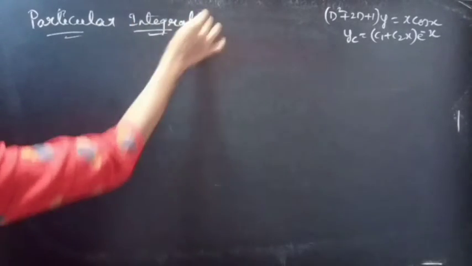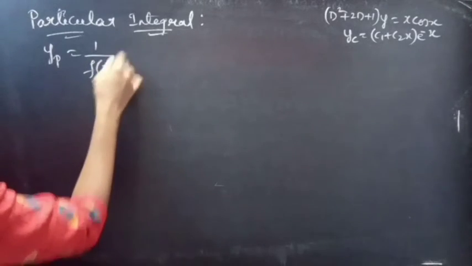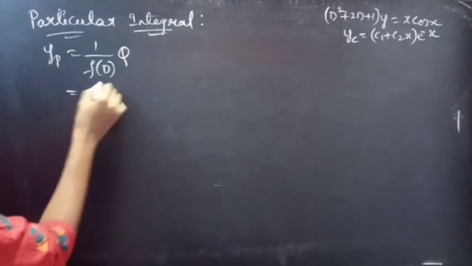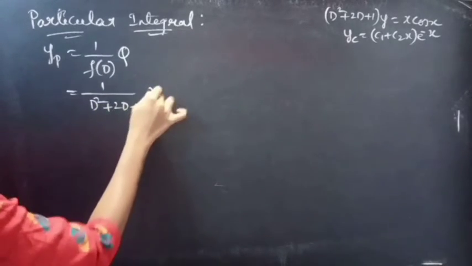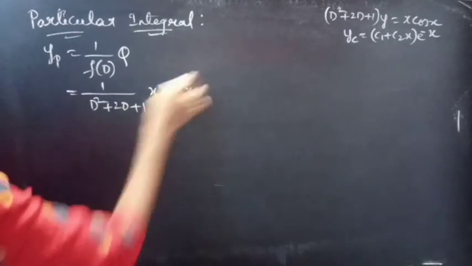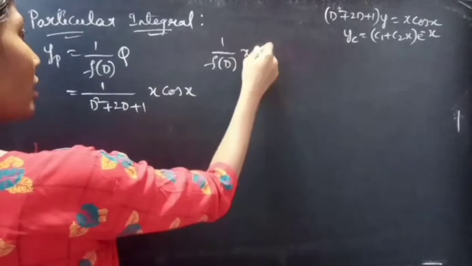We'll find the particular integral using 1 by f of D into Q, right? We have f of D and Q, where f of D is D square plus 2D plus 1 and Q is x cos x. So this is of the form 1 by f of D into x into v.